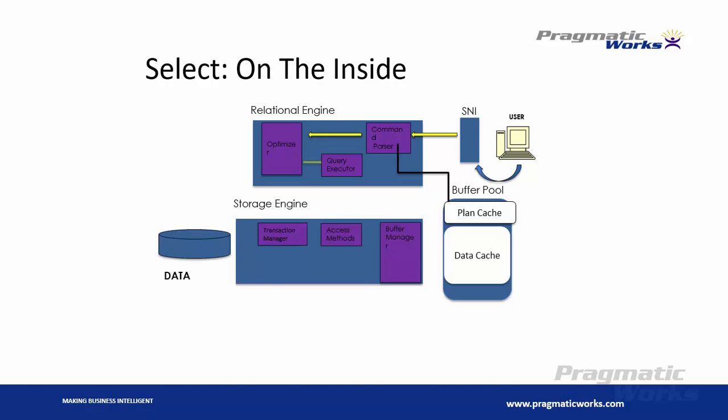The optimizer goes through all those steps we looked at a little bit earlier. It parses, binds and optimizes the entire query. Once it has generated a good execution plan, it passes that plan to the query executor. The query executor passes the query plan to the access methods, and writes a copy out into the plan cache.